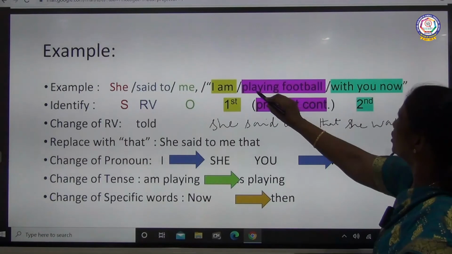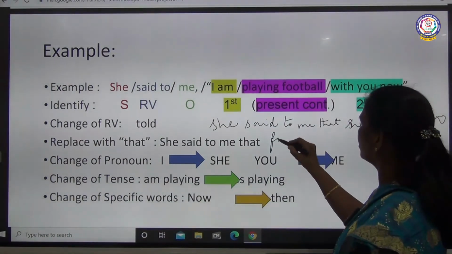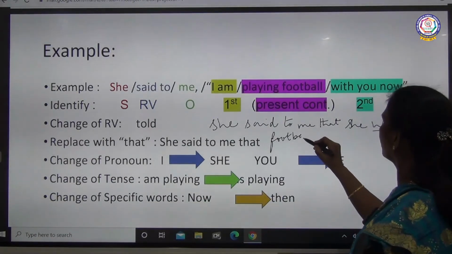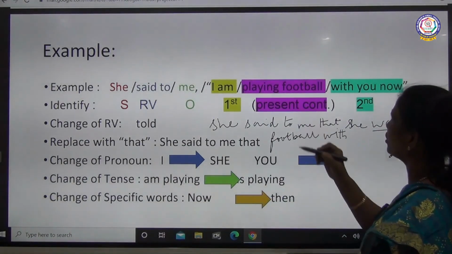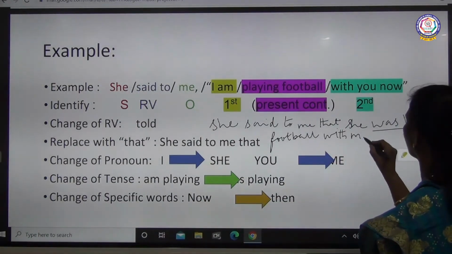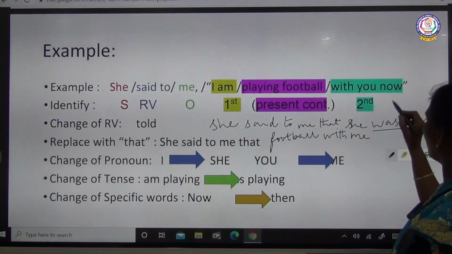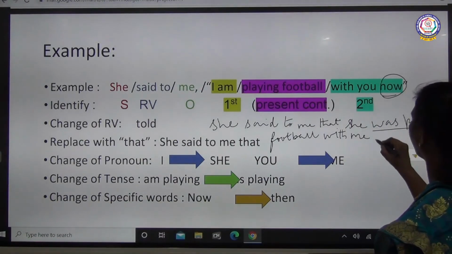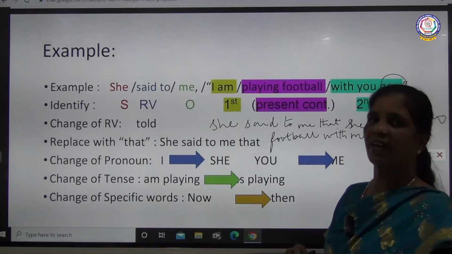So your present continuous will change into past continuous, playing football with me. So she was talking to me. So with you is there, no? She is talking to me, so it will be changed to me. Now will change into then. So easily we have changed, children.